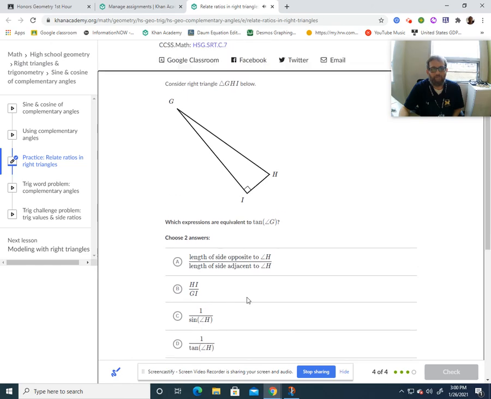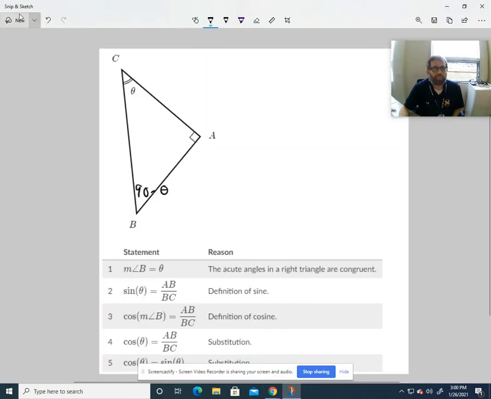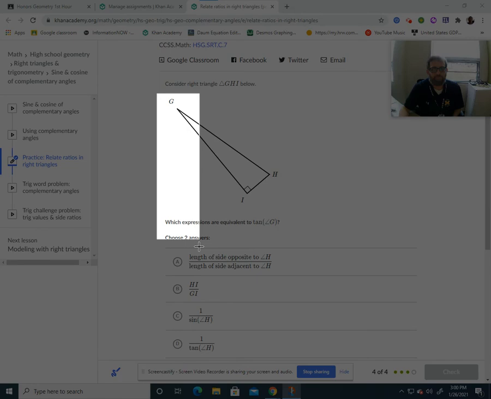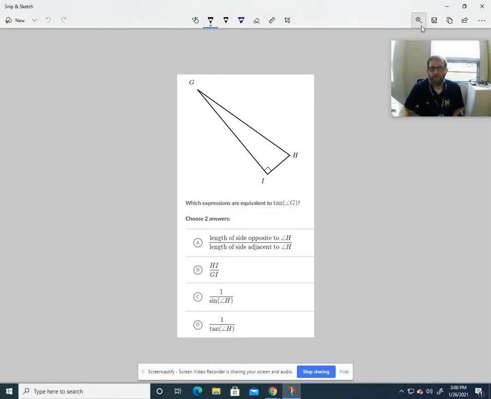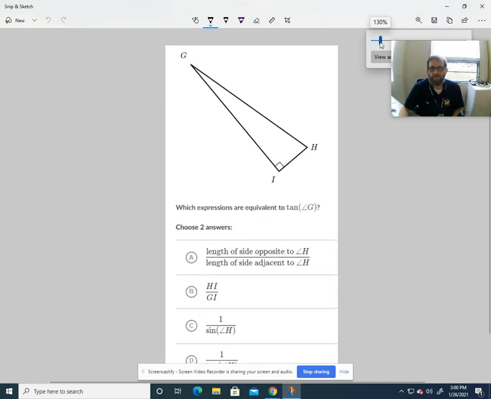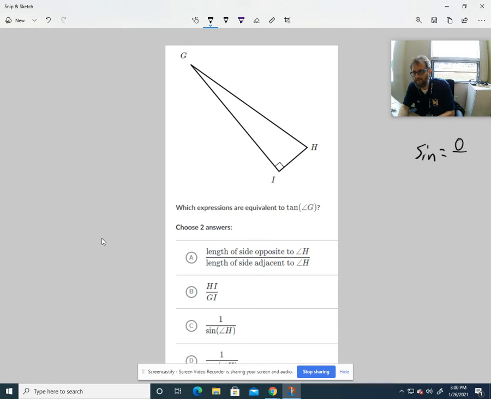All right, one more time. The two answer choice thing again. So we're looking for two things here. Pay attention to the tangent. So here we go, one more time. Sine is opposite divided by hypotenuse. Cosine is adjacent divided by hypotenuse.